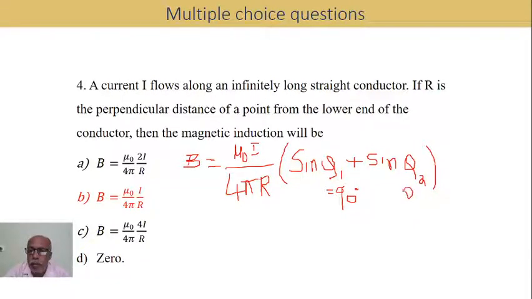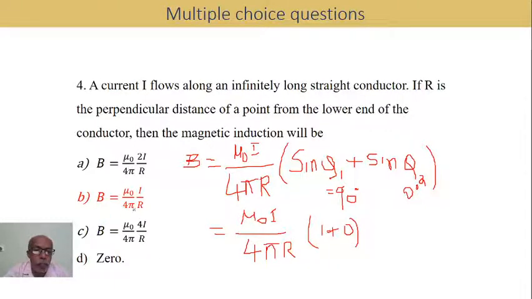Therefore, B equals mu naught I by 4 pi R into sine 90, which is 1, plus sine 0, which is 0. Therefore, it is 1 plus 0, and the final answer is B equals mu naught I by 4 pi R, which is option B.